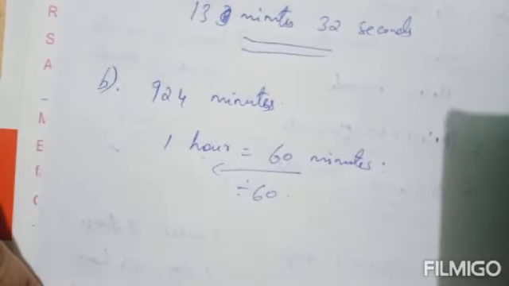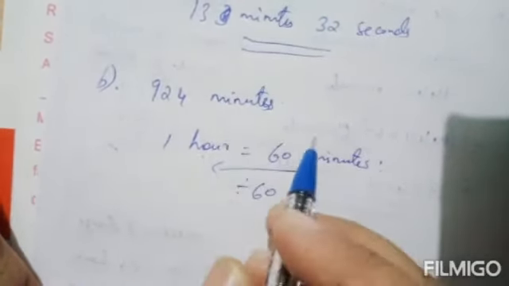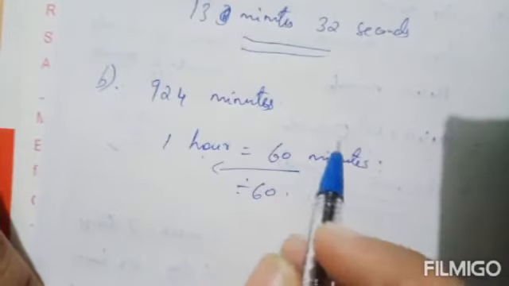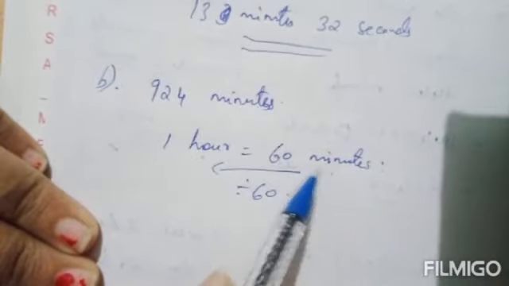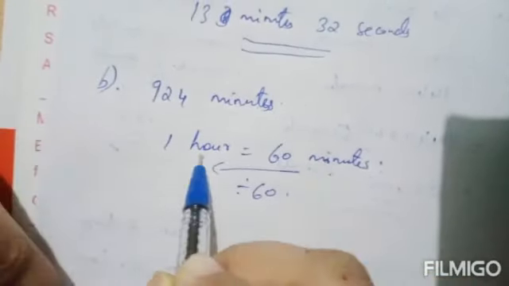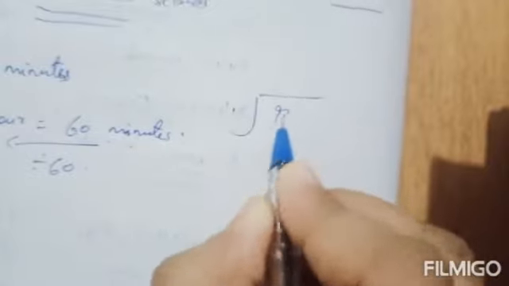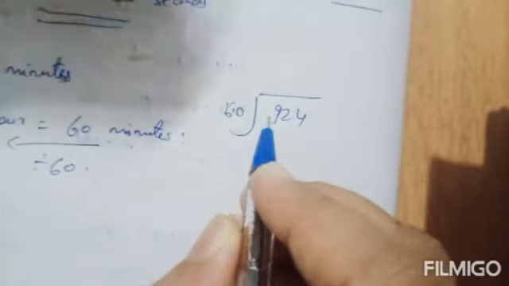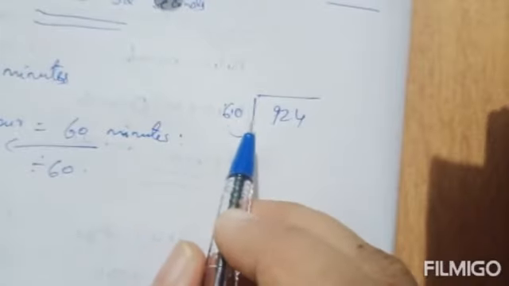Just divide by 60. So 924 minutes, in order to convert into hours, just divide by 60. Okay, so 924 you just divide by 60. Here minutes you have to convert to hours, so divide by 60.